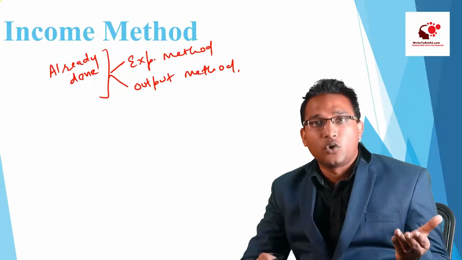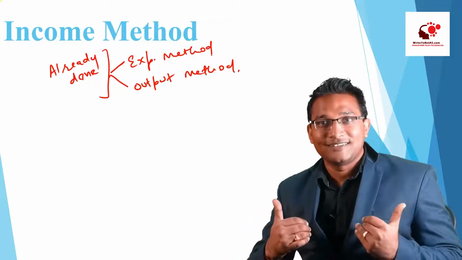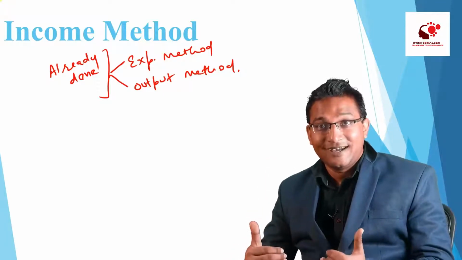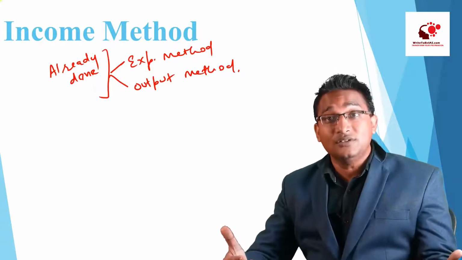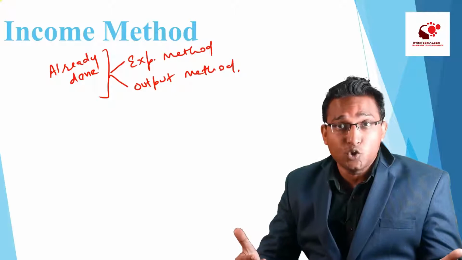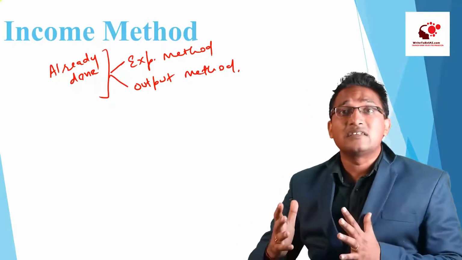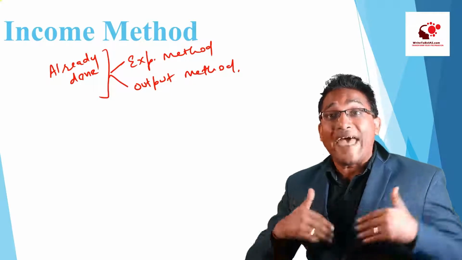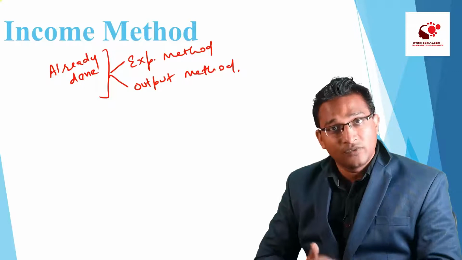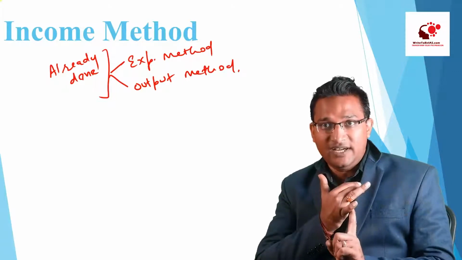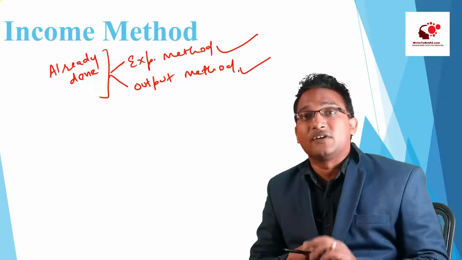In one of the sessions I told you that if you want to calculate my income, that income can be calculated either by knowing how much is the value of my production, the services that I am providing to you, or you can also judge it by calculating the amount of expenditure that I am making in my life and the amount that I am saving. These are the two different ways, right? The first one is the output method and the second one is the expenditure method.